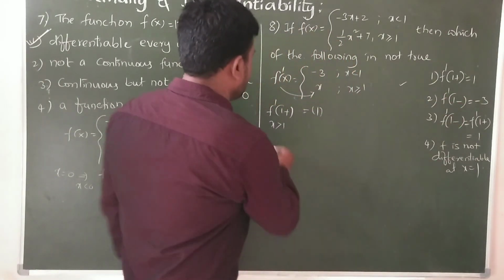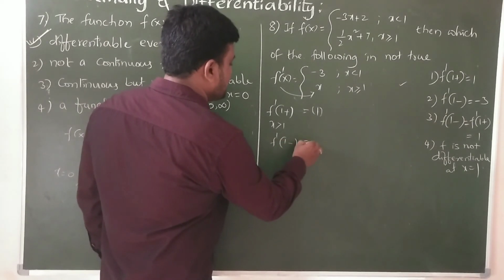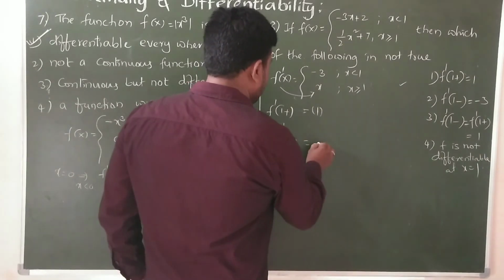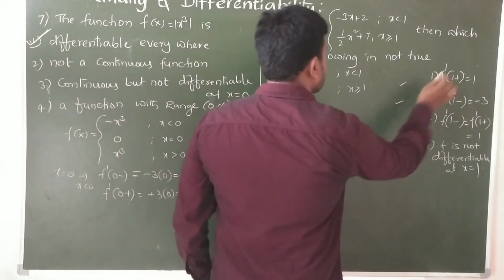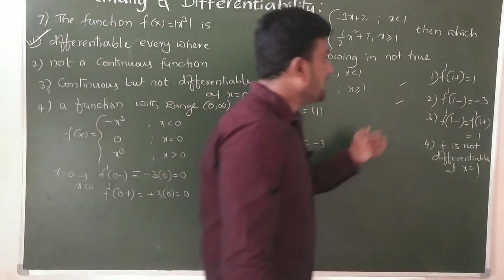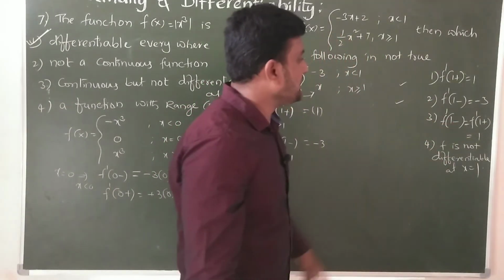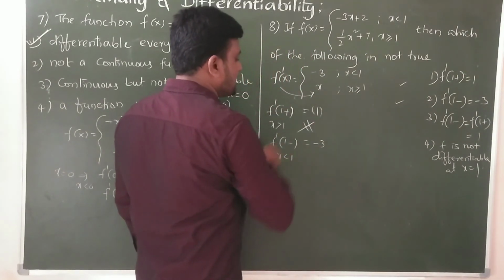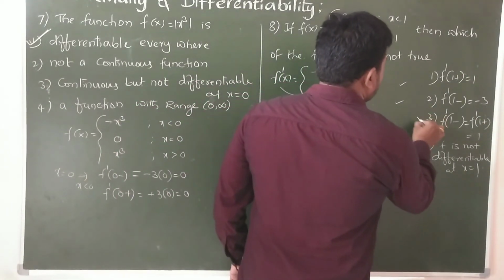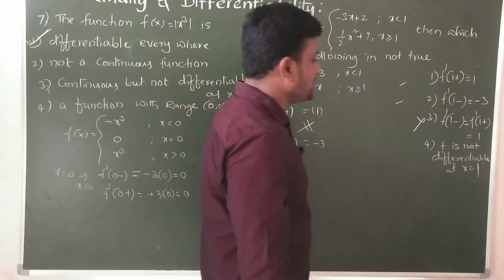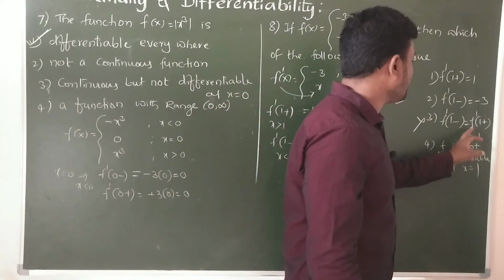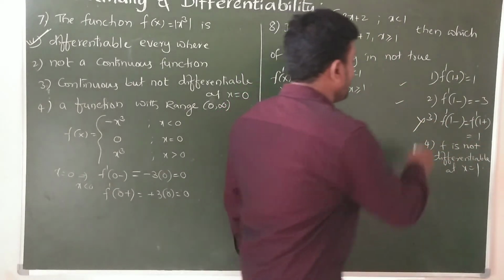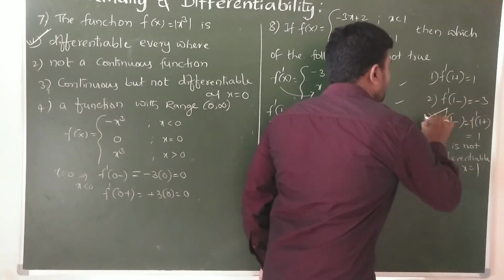Let f dash of 1 minus, that means x less than 1, that is minus 3. This one is also a right option. Now f dash of 1 minus and f dash of 1 plus, these are not equal to each other, yes or no? So this is clearly a wrong option. So f dash of 1 minus equals f dash of 1 plus equals 1 is not true. Our option is the third one.